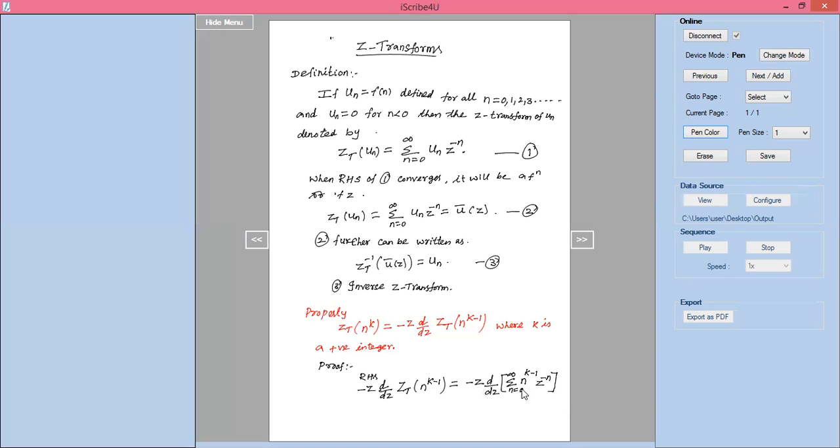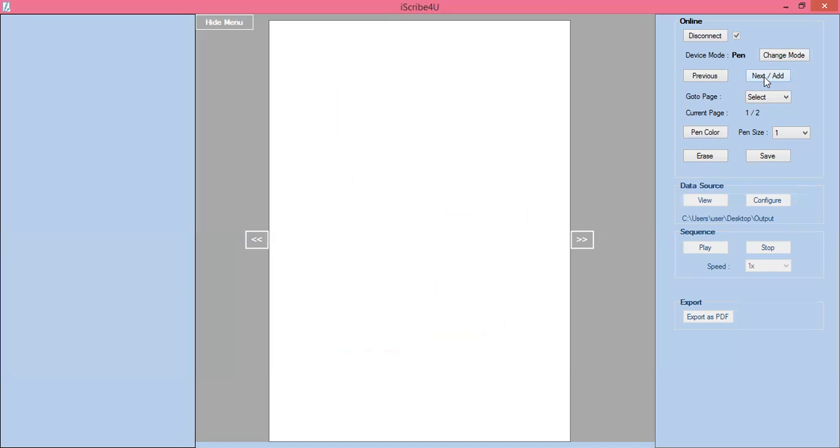The left hand side we know already, so we take the right hand side and prove it. The right hand side is minus z into d by dz of the summation of n equal to 0 to infinity n power k minus 1 into z power minus n.